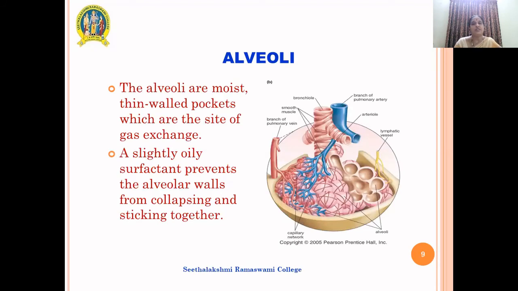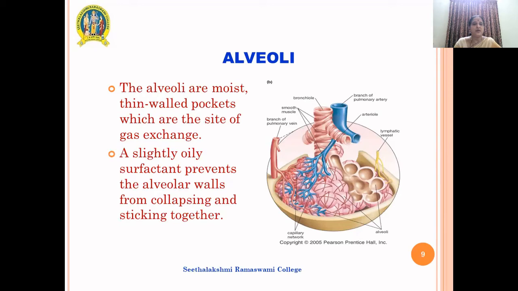You will have to look into the details of the air sacs, which play a vital and significant role in the gaseous exchange of the process known as respiration. They are the alveoli. The alveoli are the moist, thin-walled pockets or air sacs, which are the sites of gas exchange.